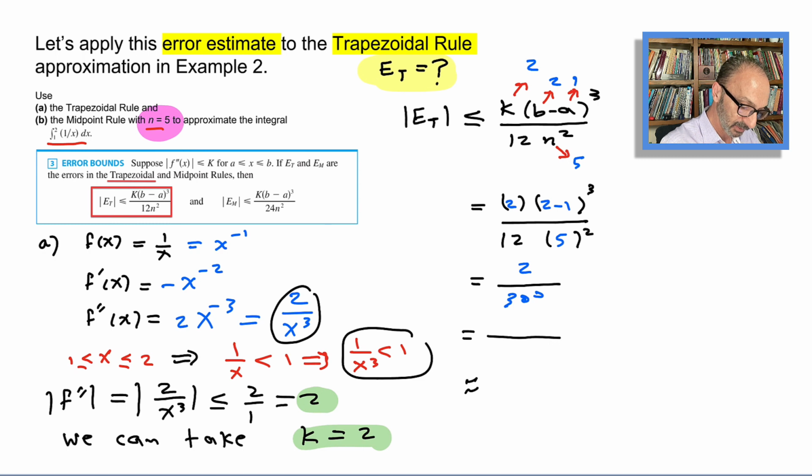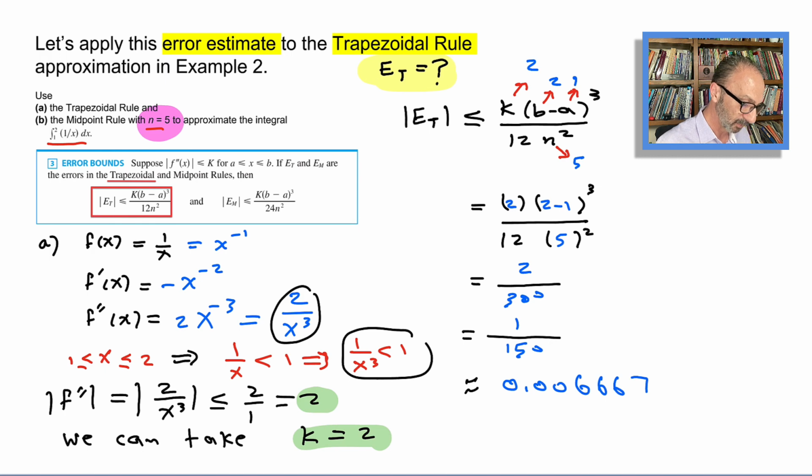Simplify that, that's 1 over 150, approximately 0.006667. This is the error estimate using the trapezoidal rule for the integral from 1 to 2 of 1 over x dx with n equals 5.